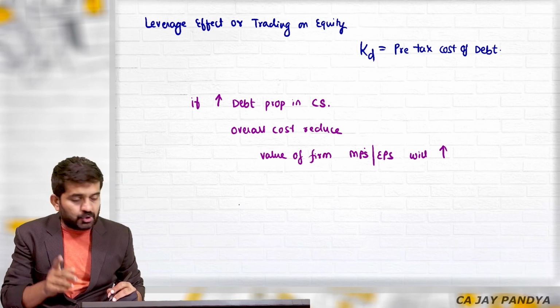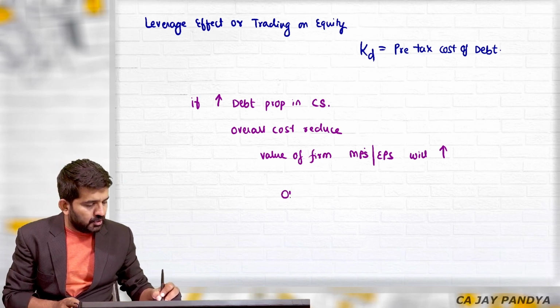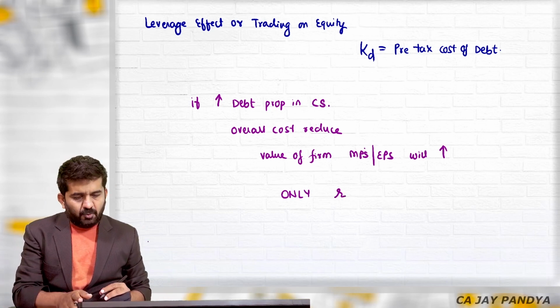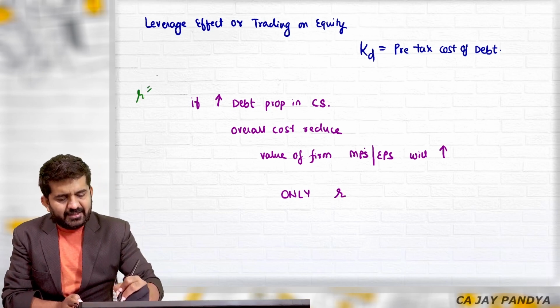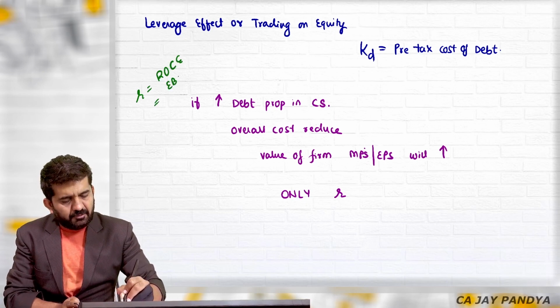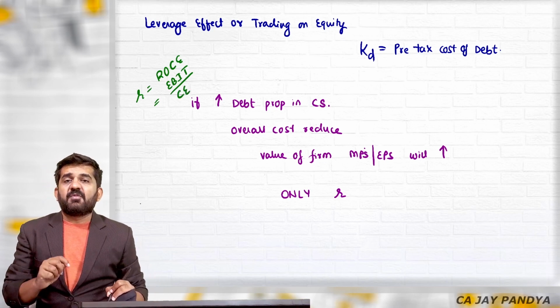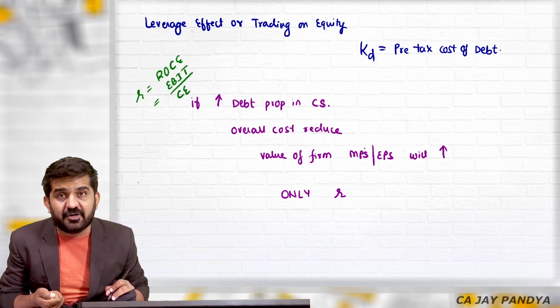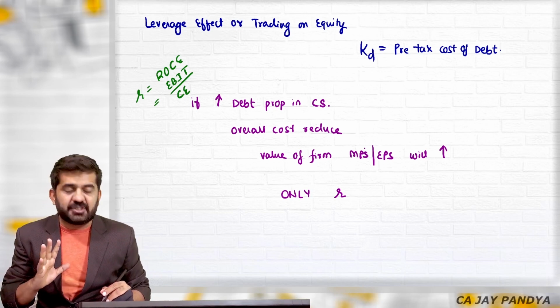But we have understood this happens only and only if R. Now what is R? R is nothing but return on capital employed. How is it found out? It is EBIT upon capital employed. If I am earning EBIT of 10 rupees and my total capital employed is 100 rupees, R is 10%.